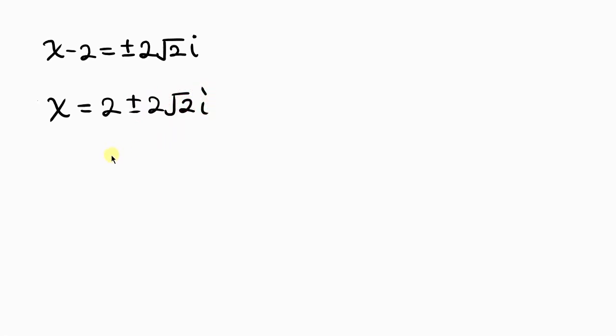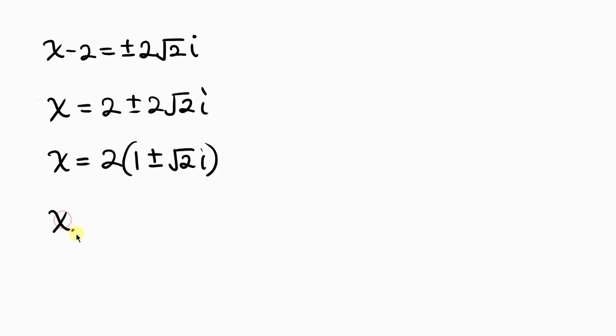Very good. Now notice that 2 is common, so we can easily factor out 2. So x will be equal to factor out 2, open brackets. 2 divided by 2 is 1, plus or minus 2 root 2i divided by 2 is root 2i. Very good. Now let's separate our results.